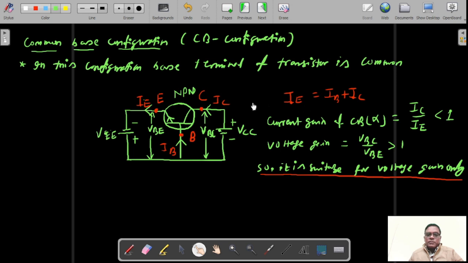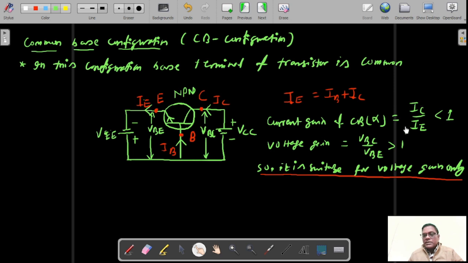So let us discuss the current gain concept of this particular configuration circuit. The current gain of common base is represented as alpha. Current gain is output current by input current. In common base configuration, the output is taken as collector current and the input as emitter current.